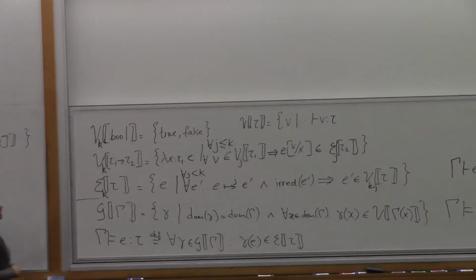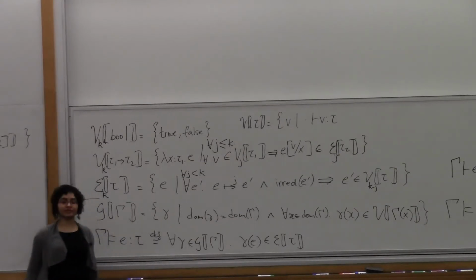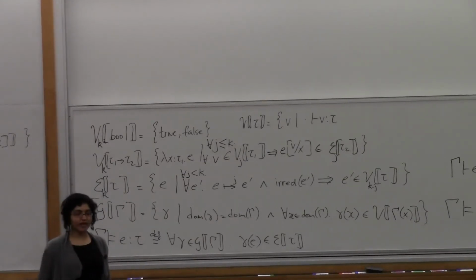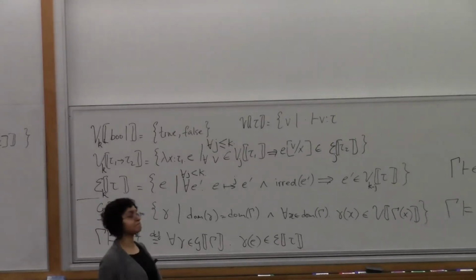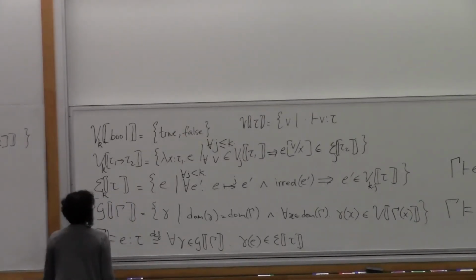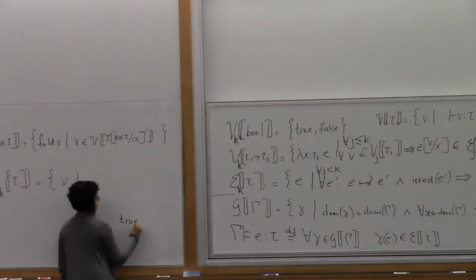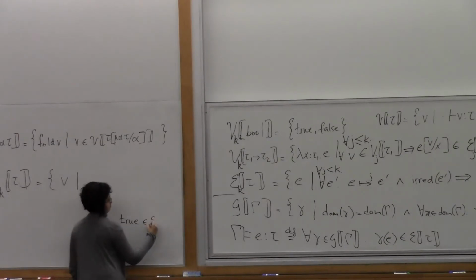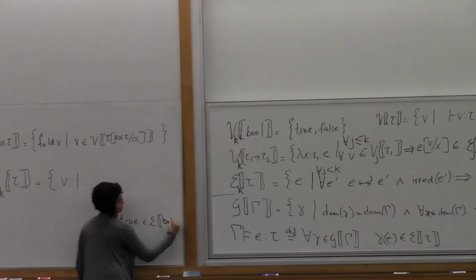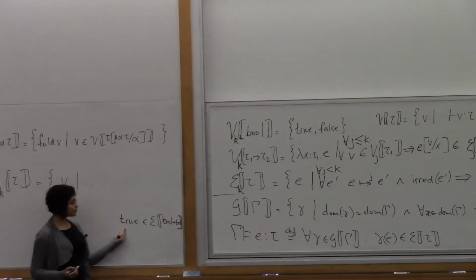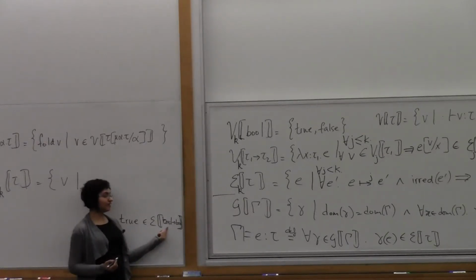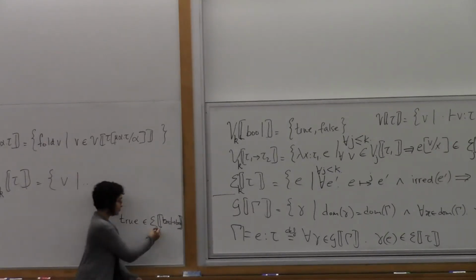Now, coming back to the point of what happens when you have 0 steps left. Does true behave like a function of type bool arrow bool for 0 steps?